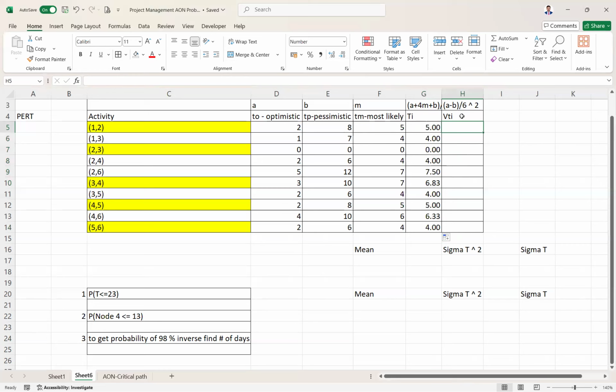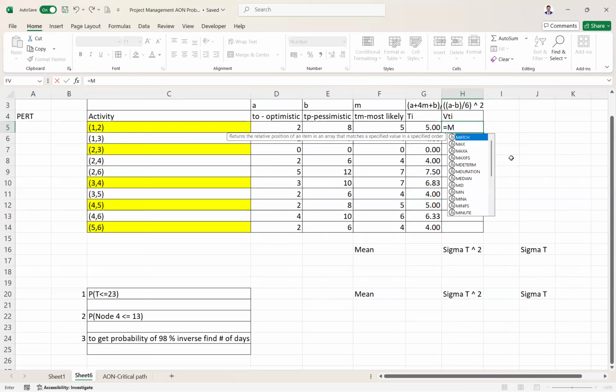Then variances. The variance formula is B minus A divided by 6, whole square. Even the 6 is also squared. This is the formula. A minus B divided by 6, whole square. That gives you the variance of the beta distribution. So you know what is A and what is B. First, we'll be using the power function.